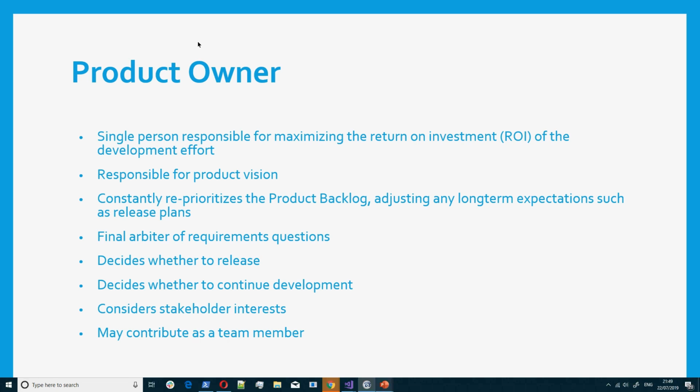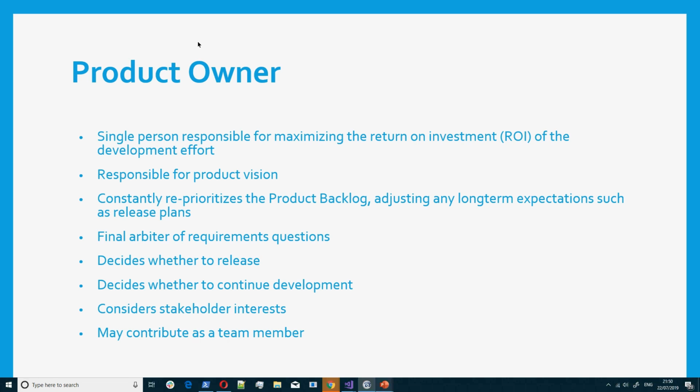This resource also constantly reprioritizes the product backlog. So basically, they will look into that and say, okay, maybe I want this one to be done first, I want this one to be done next. So they are in charge of putting priority on those requirements. And like I said, they are also the go-to person if you have a question about the requirements. In some instances, you can see this particular role can be deputized to BAs.